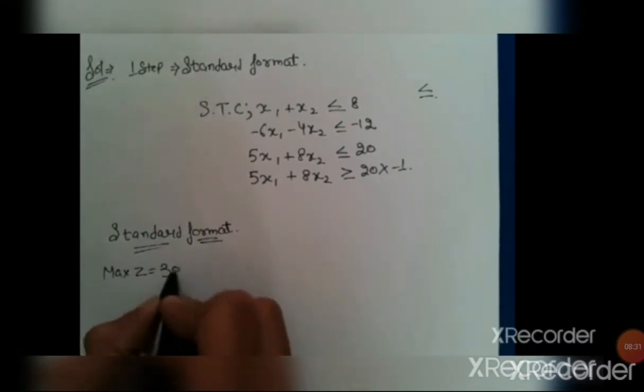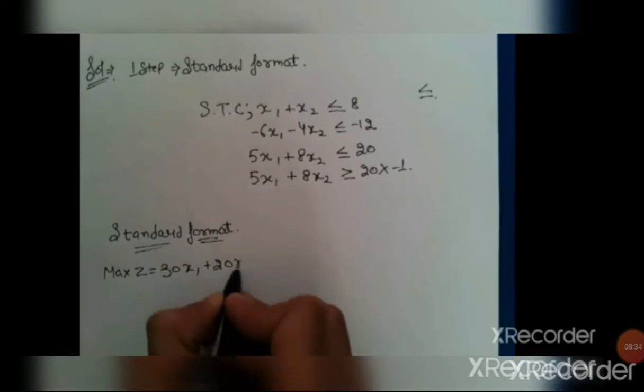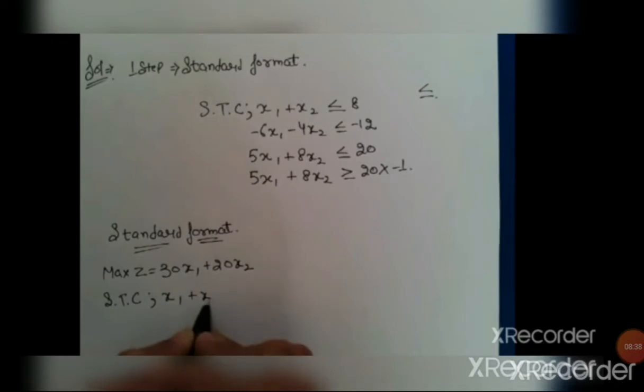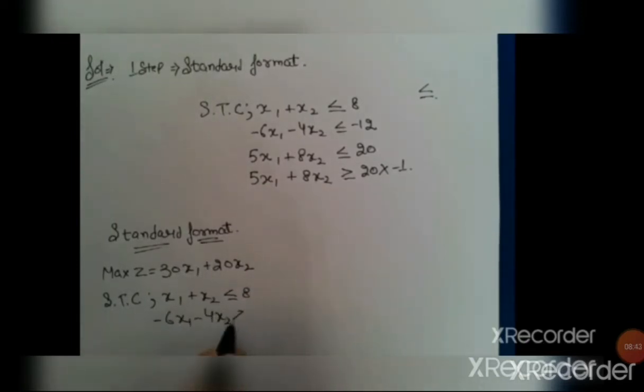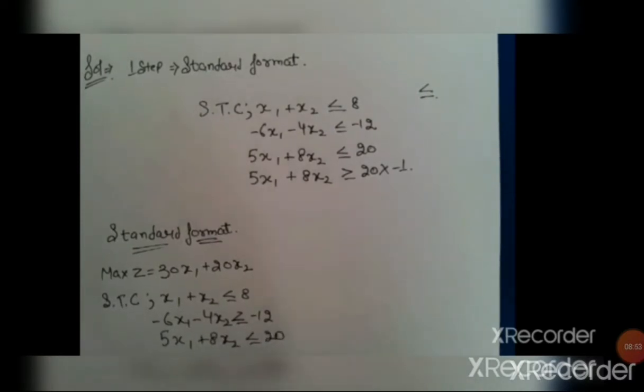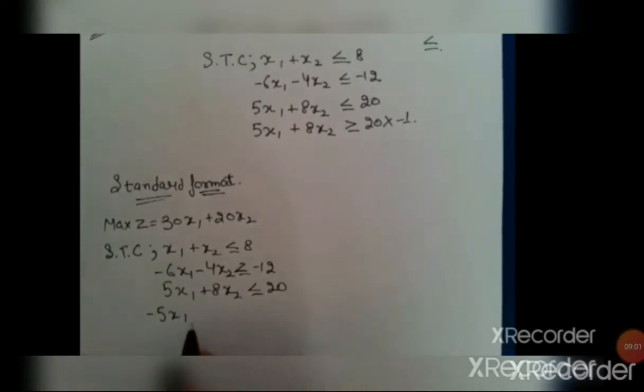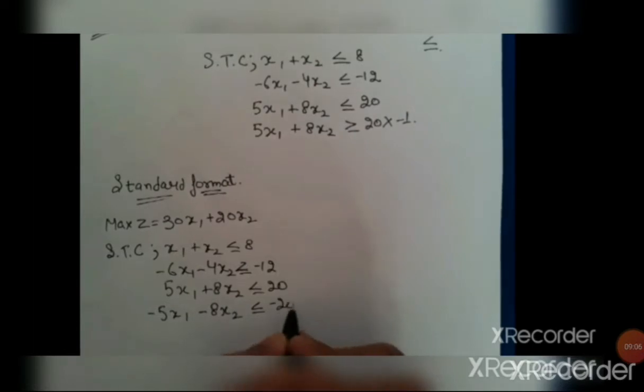So maximize z equal to 30x1 plus 20x2, subject to constraints: x1 plus x2 less than or equal to 8, minus 6x1 minus 4x2 less than or equal to -12, 5x1 plus 8x2 less than or equal to 20, and the last one, multiplied with -1, minus 5x1 minus 8x2 less than or equal to -20.